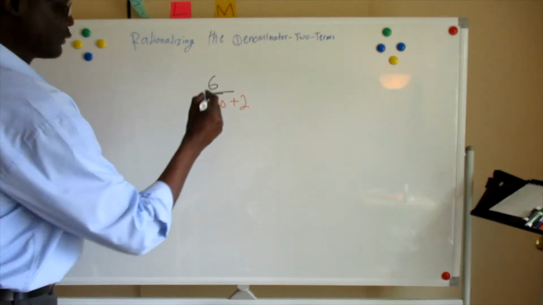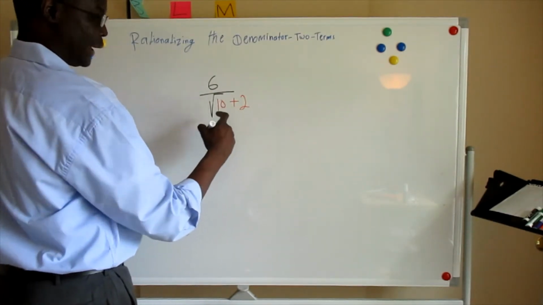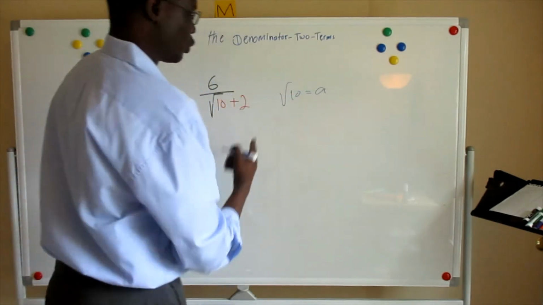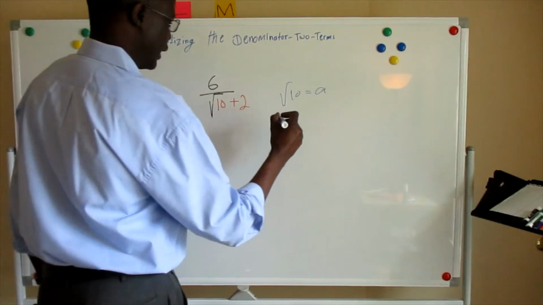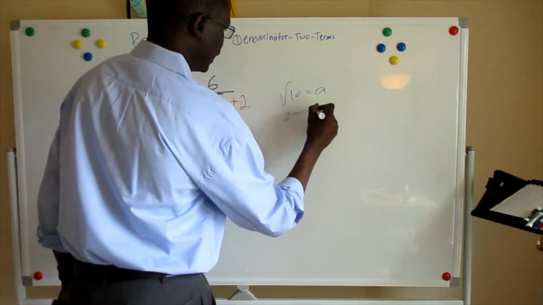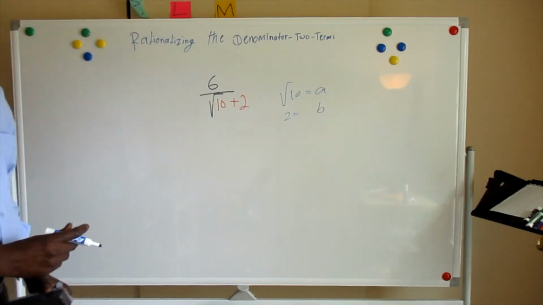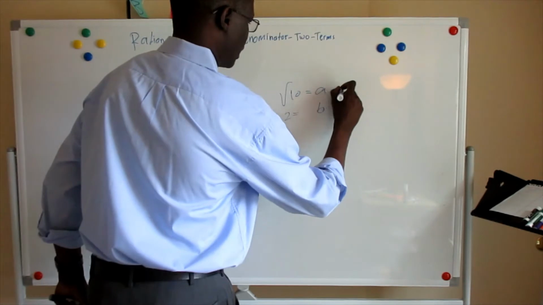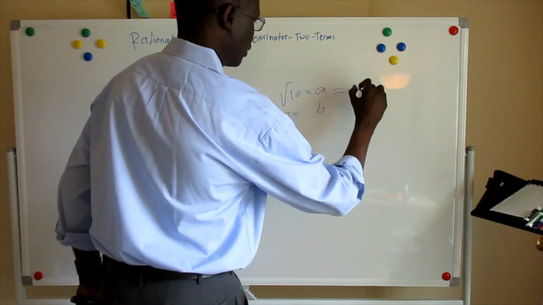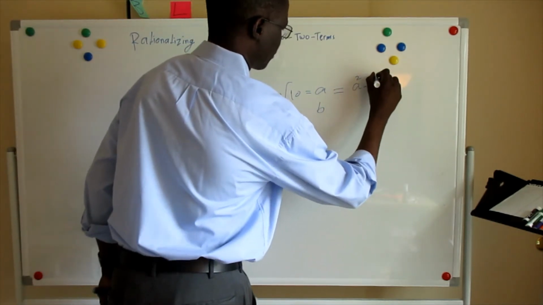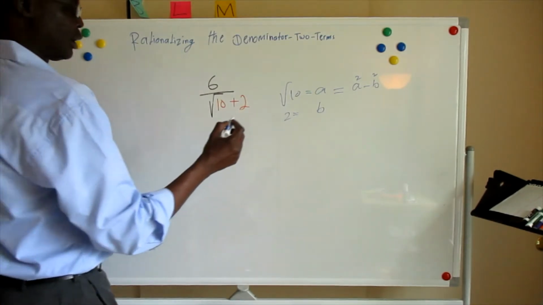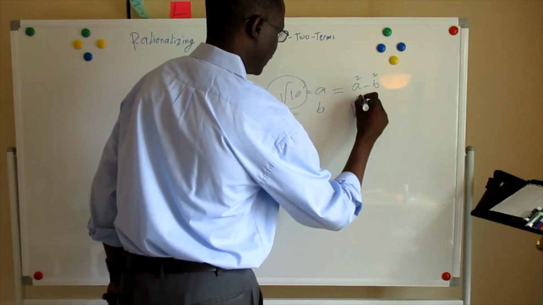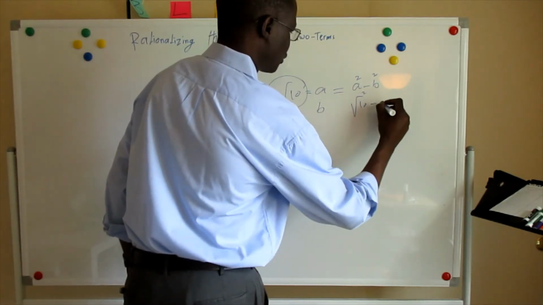So we can say the root 10 is equal to A, so we can apply the rule I just showed you, and let 2 equal B. If we go back to what I just said, A squared minus B squared, and substitute, you will have root 10 squared minus 2 squared.